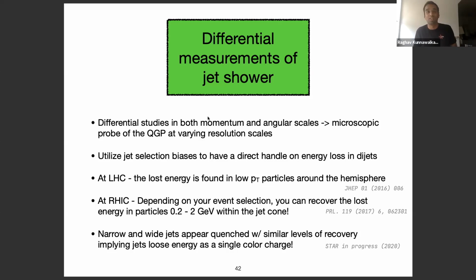That's the same as what you saw at the LHC, where you have to go to very wide angle, pretty much the entire hemisphere, in order to recover the lost energy. So this comparison between narrow and wide jets, I think, is the future of these substructure measurements, and they help us identify different types of energy loss in the medium.